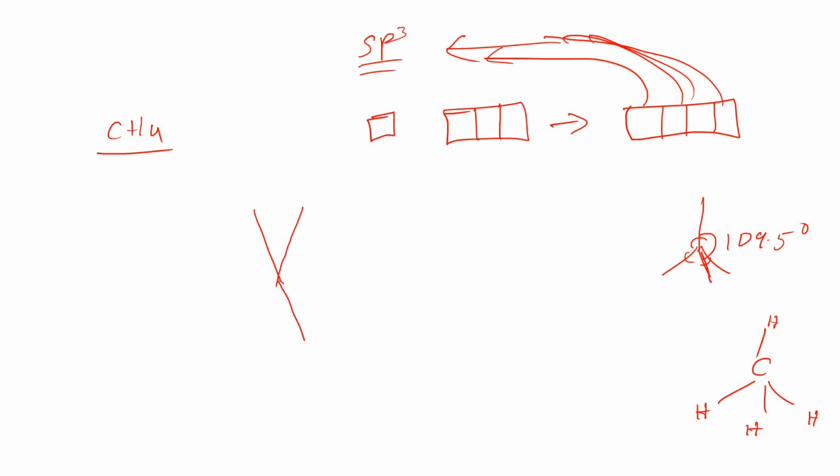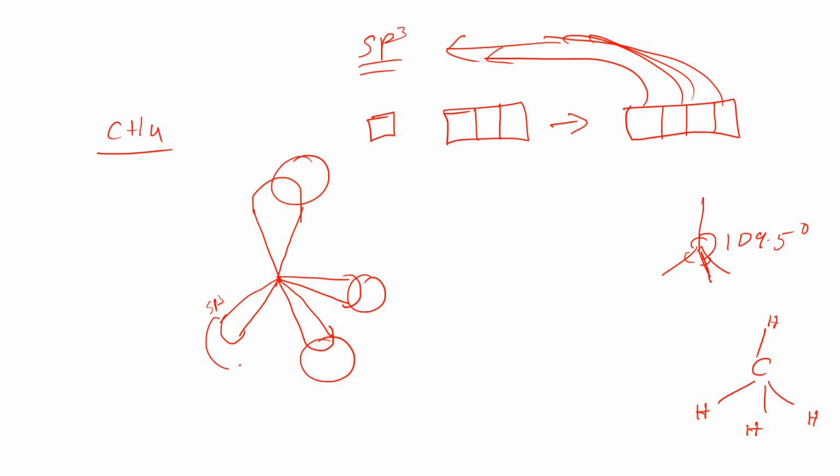So this is the sp3 hybridization that will be seen. Here one hydrogen will be formed, another hydrogen attached, another hydrogen, and also another hydrogen.